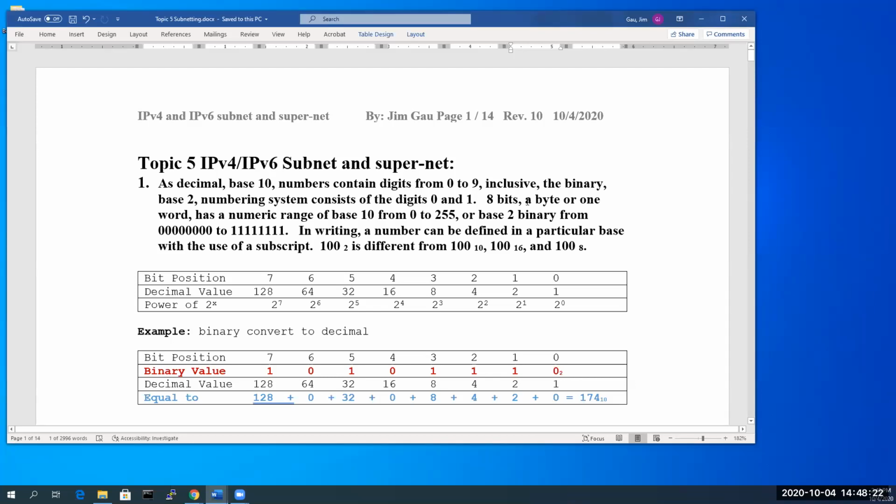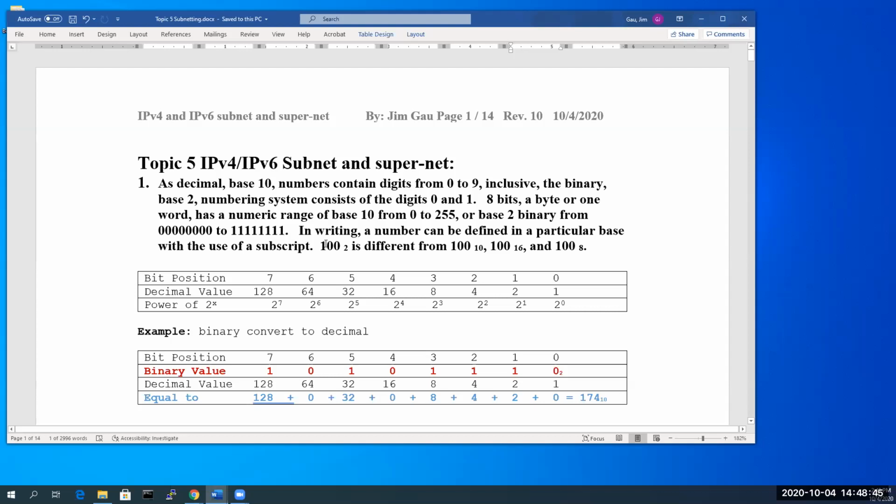A byte is one word, and the range of the number is from 0 to 255, as you can see from the table I just showed you. Or you can say it's from base 2, from binary, from eight zeros to the largest one of eight ones in binary. That's 1 byte.